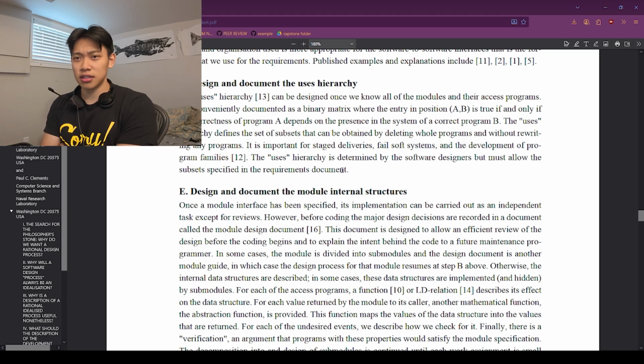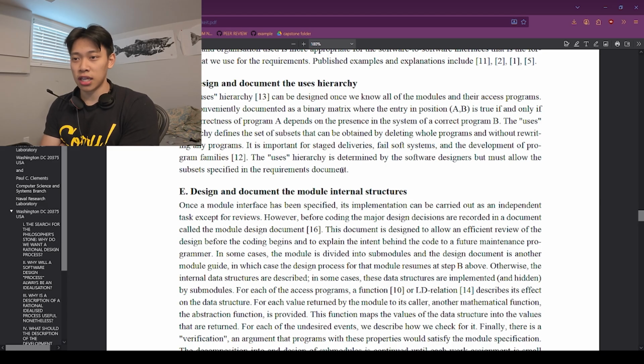Design and document the uses hierarchy. The uses hierarchy can be designed once we know all of the modules and their access programs. It is conveniently documented as a binary matrix where the entry position AB is true if and only if the correctness of the program A depends on the presence in the system of a correct program B. The uses hierarchy defines the set of subsets that can be obtained by deleting whole programs without rewriting any programs.